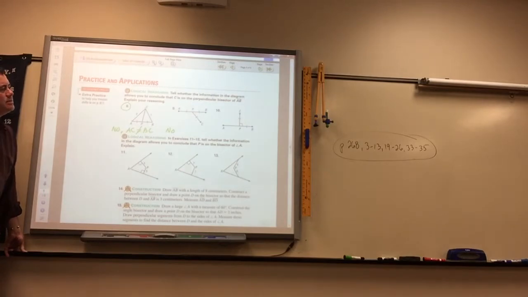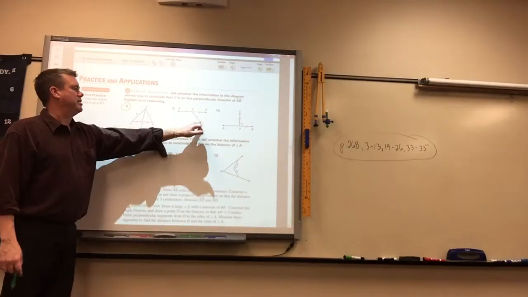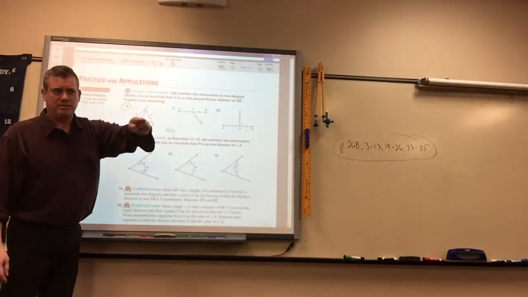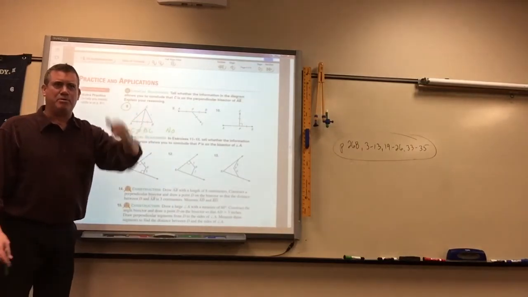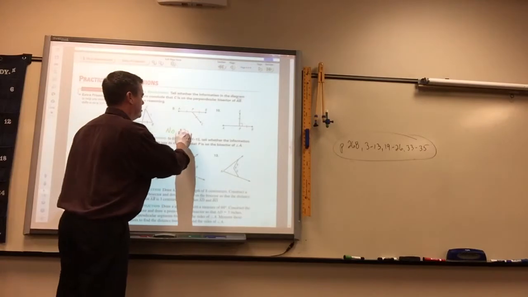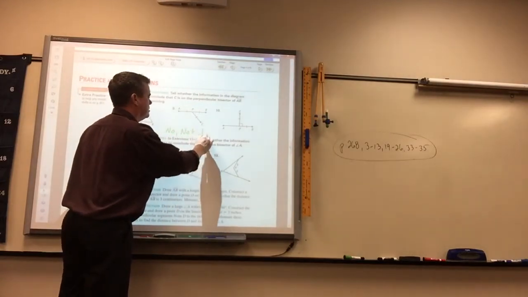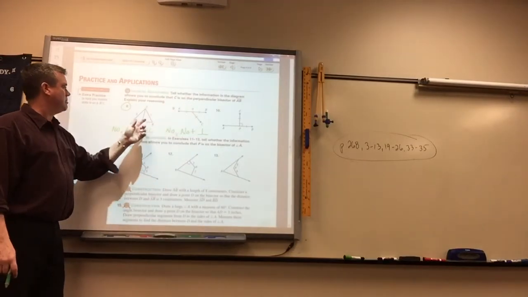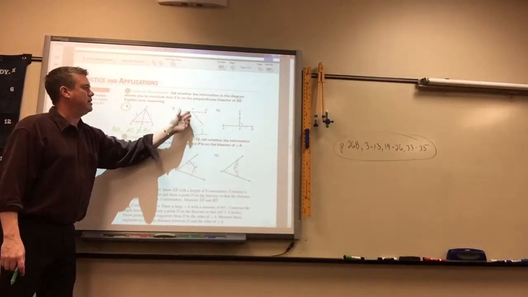Number 9, why do you know that C is not on the perpendicular bisector? It's not perpendicular. A perpendicular bisector means it has to be 90 and it has to be equidistant away.